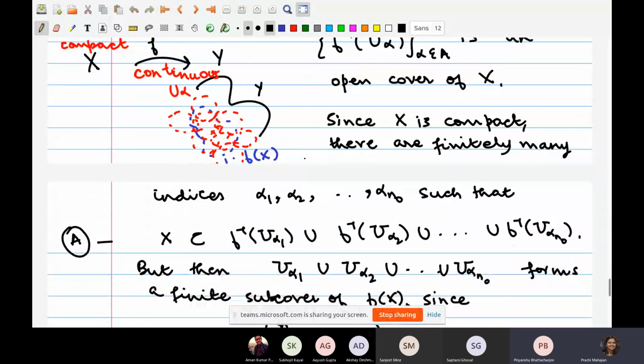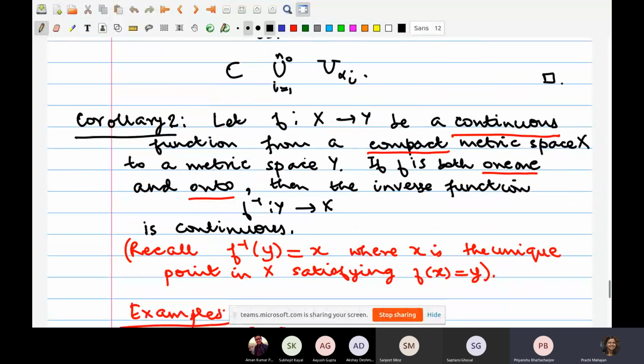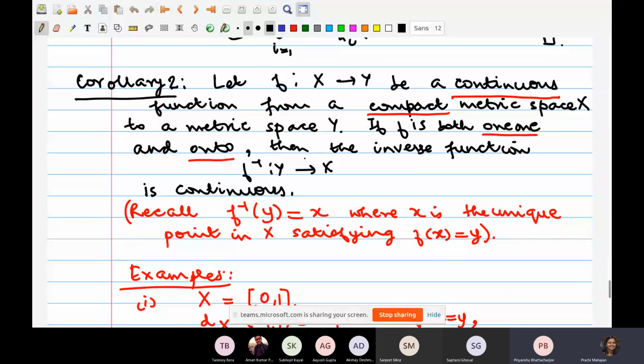We provided a proof of this corollary, and we looked at another corollary which says that if there is a continuous function between two metric spaces, with the additional property that X is compact and this continuous function is actually a bijection, so the map that we started off with is one-one and onto its image.